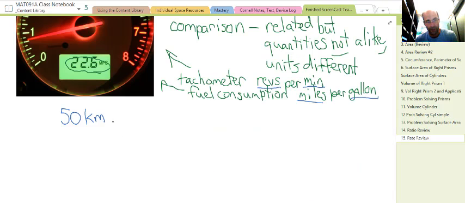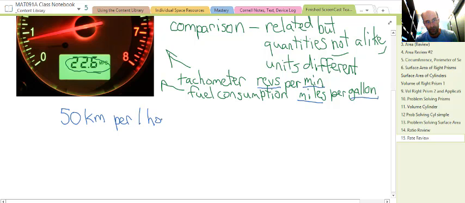Another example is speed or velocity. If we go 50 kilometers per every 1 hour we travel, we know that as 50 kilometers per hour. And we know that our symbols can be abbreviated, 50 km/h. That's a speed, and that's a rate.